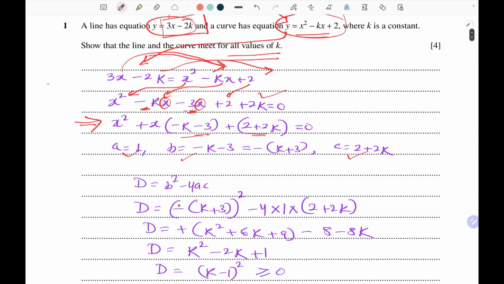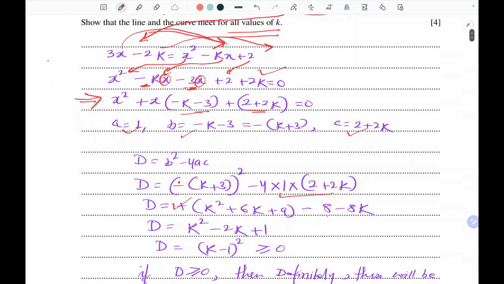So this minus squared is positive, and k plus 3 whole squared is k squared plus 6k plus 9, minus 4 times 2, that's minus 8, and minus 4 times 2k, that's minus 8k. Now this is k squared plus 6k and minus 8k, so that's minus 2k, and 9 minus 8 is 1. So this is k squared minus 2k plus 1.